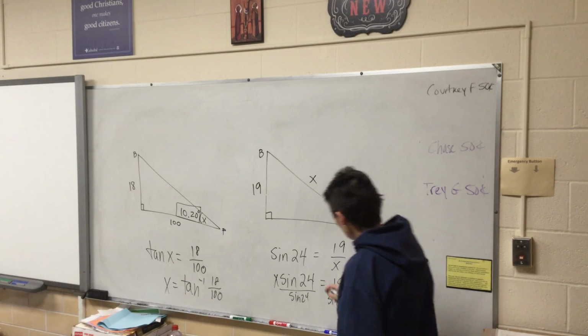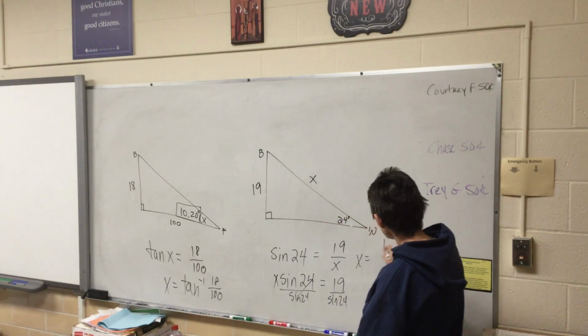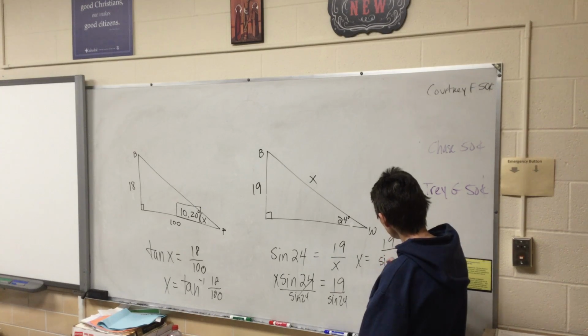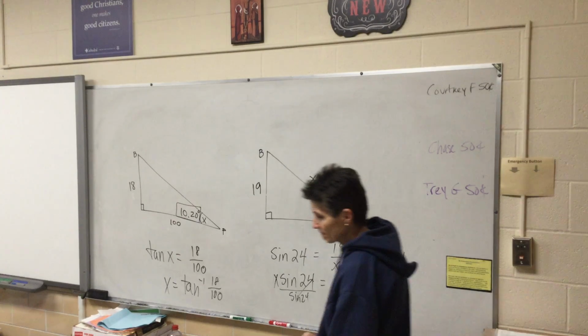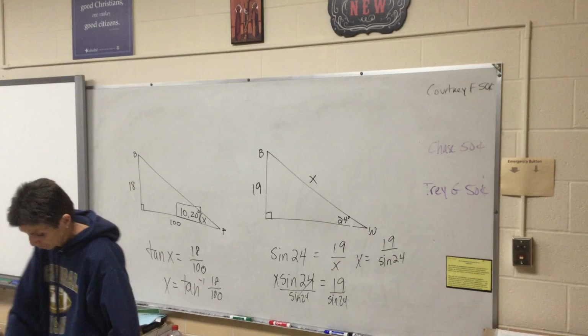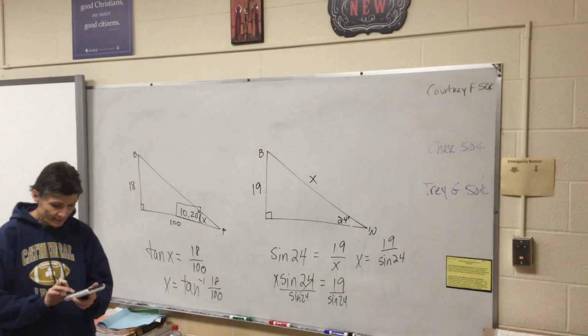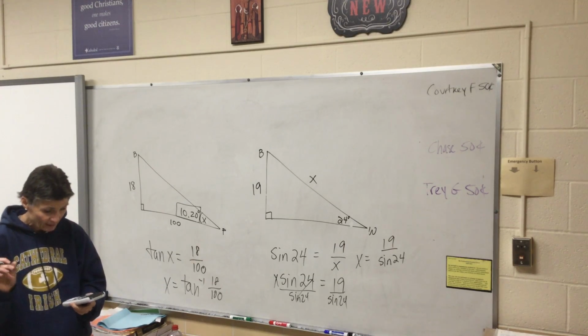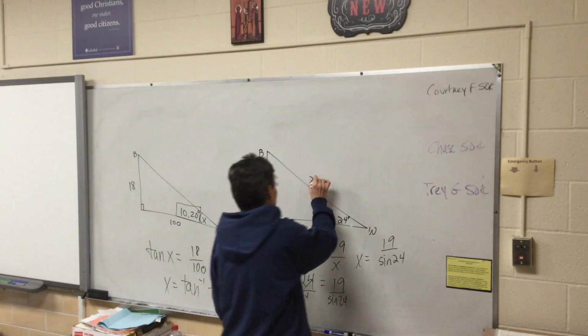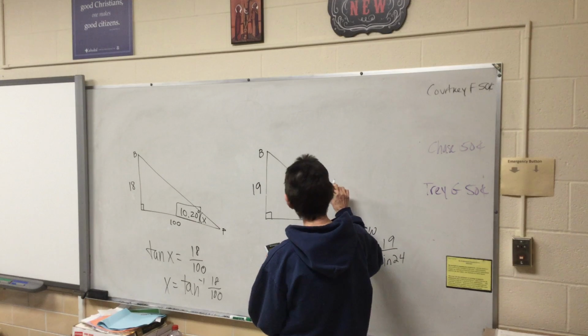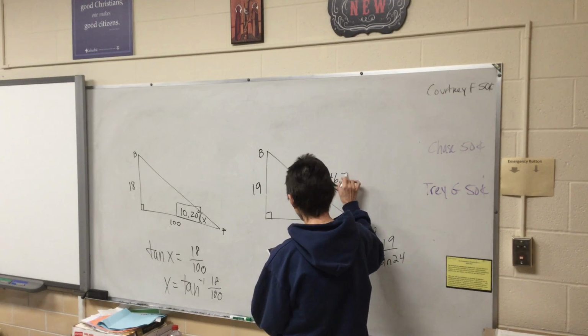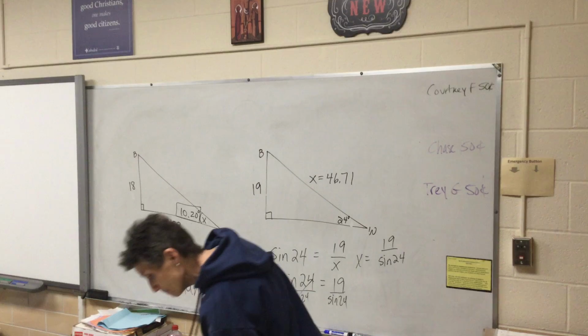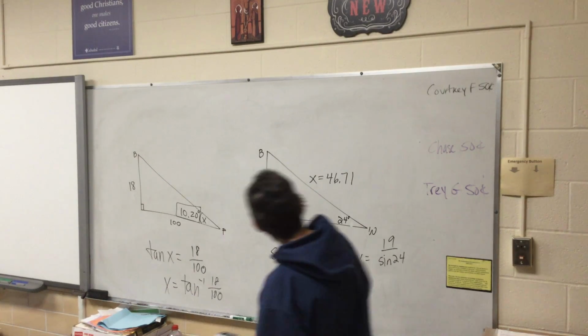So when I go to my calculator, it's going to be 19 over sine 24. Just type that in. 19 divided by sine 24. And the distance from the bird to the worm is 46.71 feet.